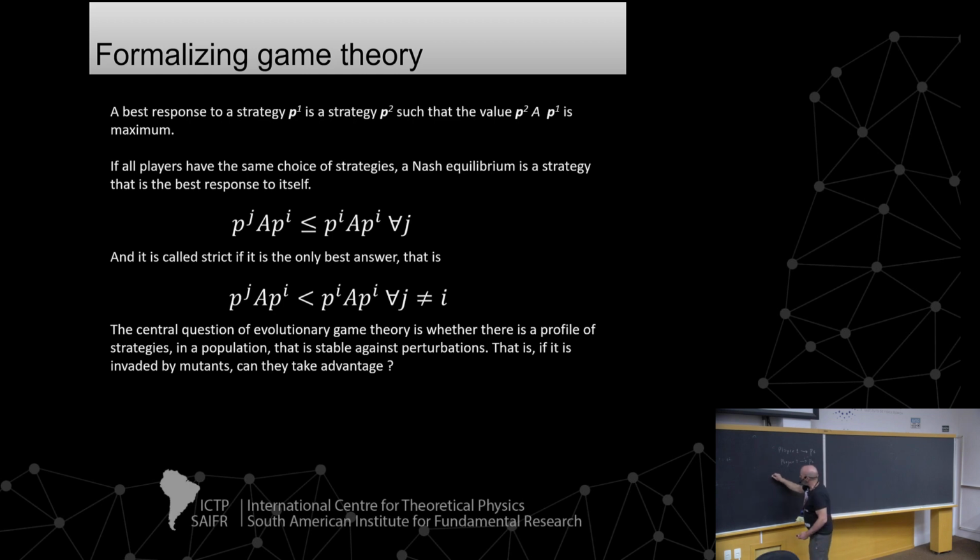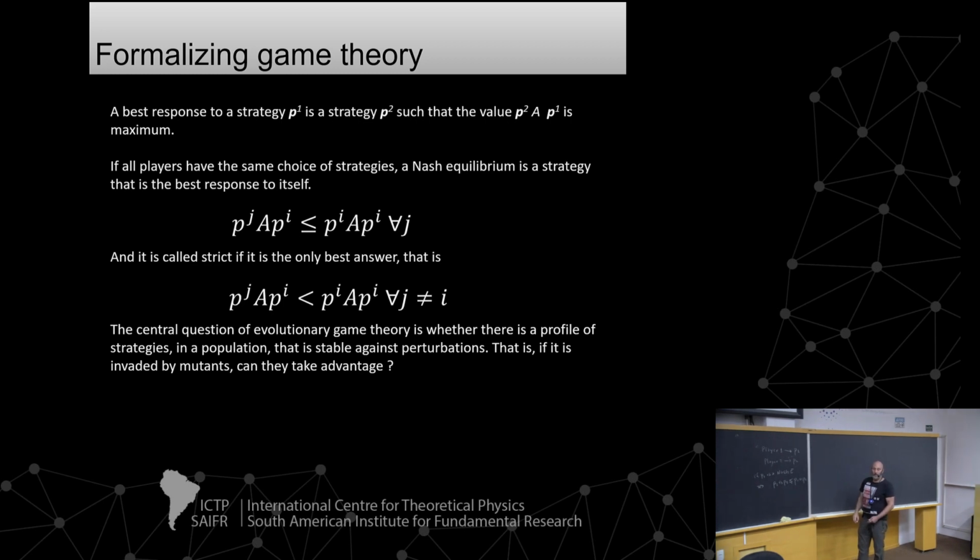If P1 is a Nash equilibrium, then P2 versus P1 should get a payoff that is lower than or equal to P1 versus P1. This is what I'm saying. It is independent of the choice of the players. This is something that is inherent to the game, not inherent to the choice of the players.